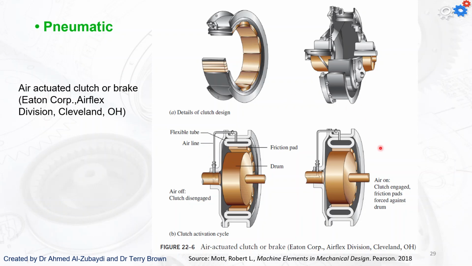Pneumatically activated. Okay, so here we've got an airline, some kind of airbag around here that expands to force the friction pad against the drum to either brake or to transmit rotational load.